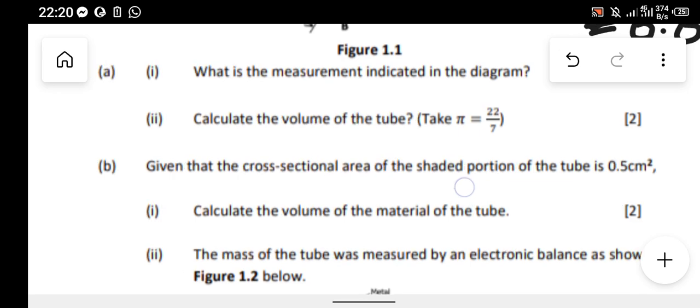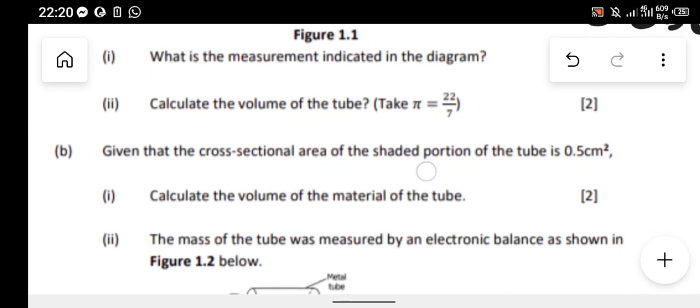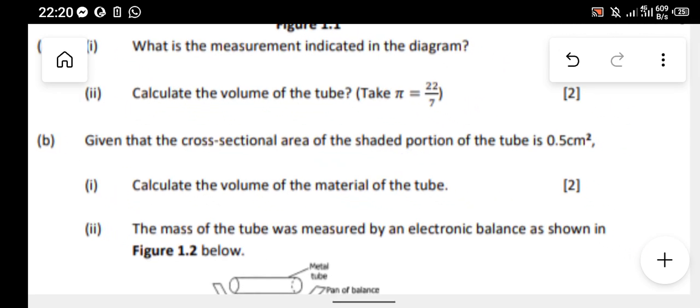Let's look at the next question, which is B. Question B is asking us, given that the cross-section area of the shaded portion of this tube is 0.5 centimeters squared, B1 we have been asked to calculate the volume of the material of the tube.